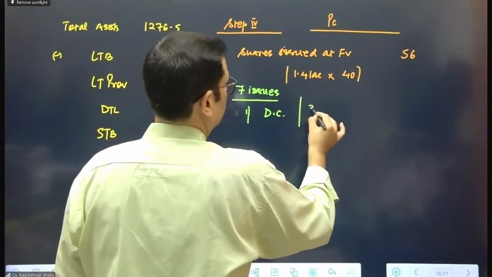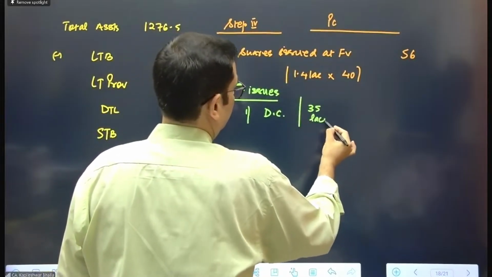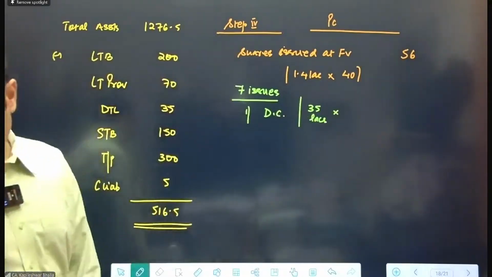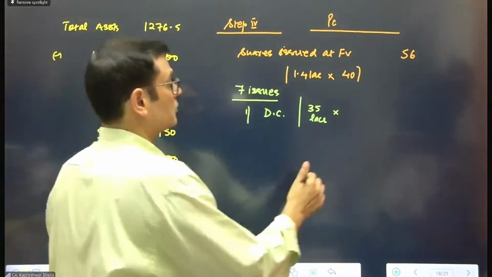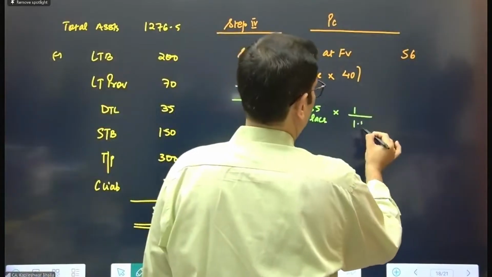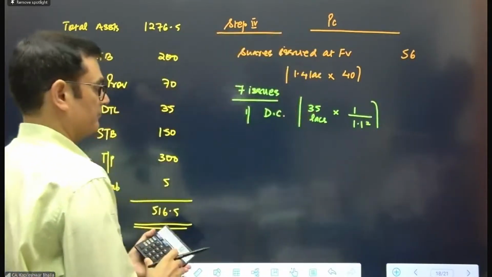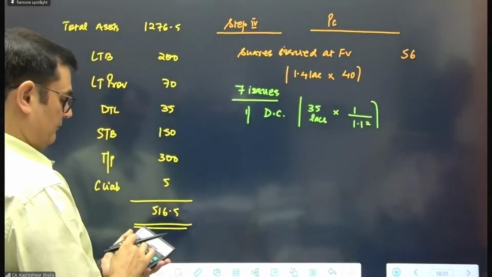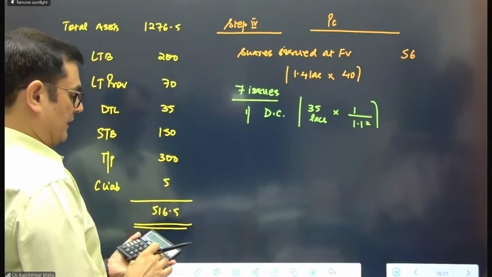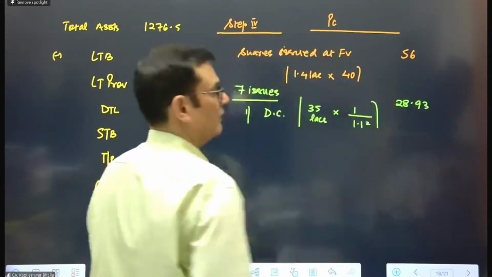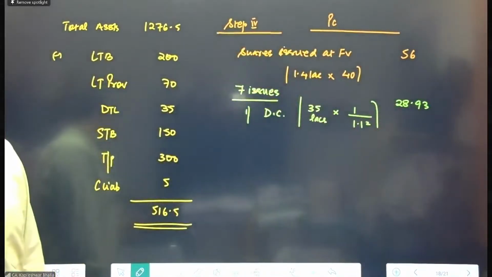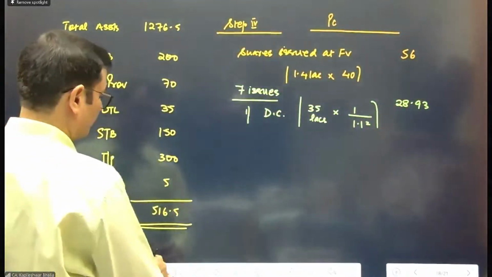Yes, it was 35 lakhs, payable 2 years later. So we discount this at 10% for 2 years. 35 lakhs gives 28.93, the present value of the DC.